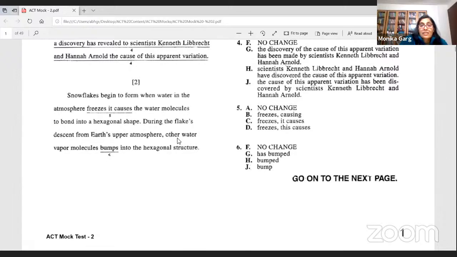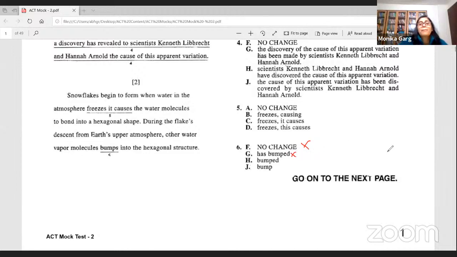When I say other water molecules, I'm talking about molecules here, and that's obviously plural. I cannot take a singular verb here. Bumps is singular, so that goes out. Has bumped is also singular, that goes out.